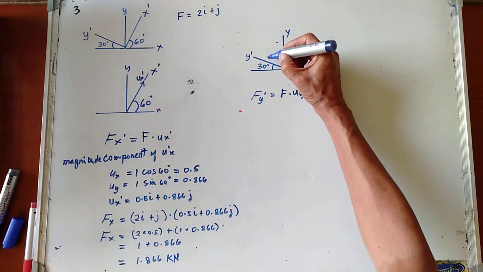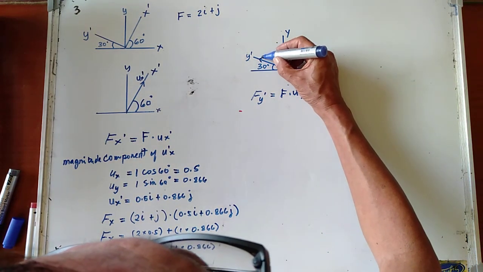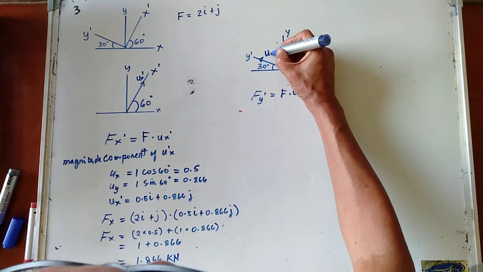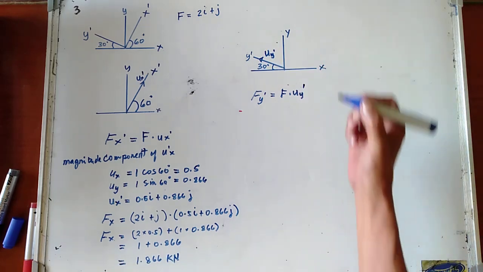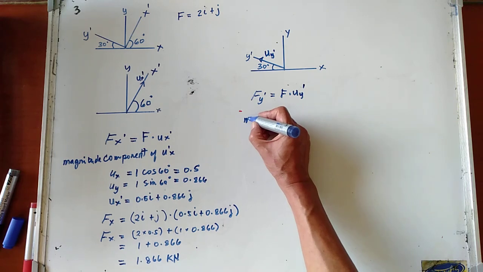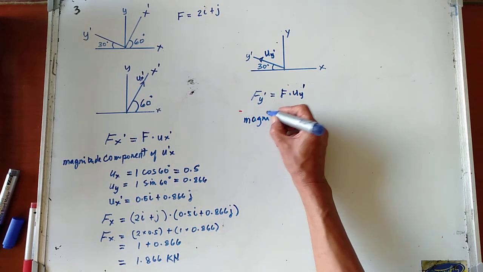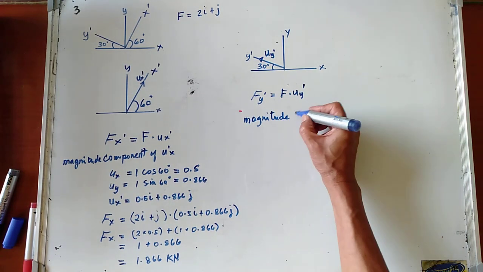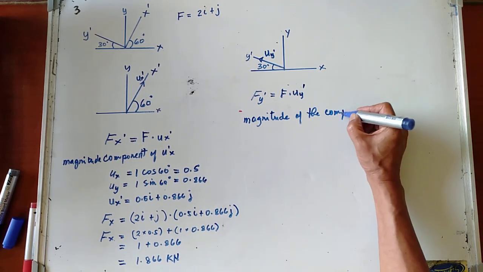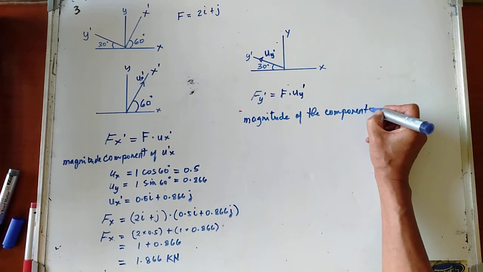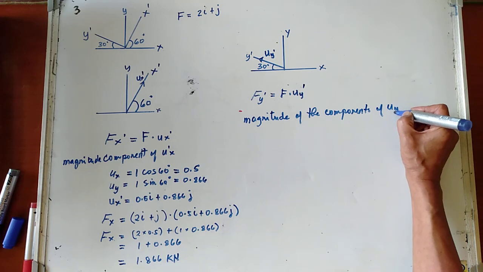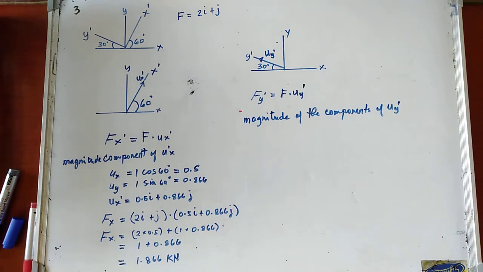So if this is the unit vector in the direction of y prime, let us again get the magnitude of the components of the unit vector in the direction of y prime.